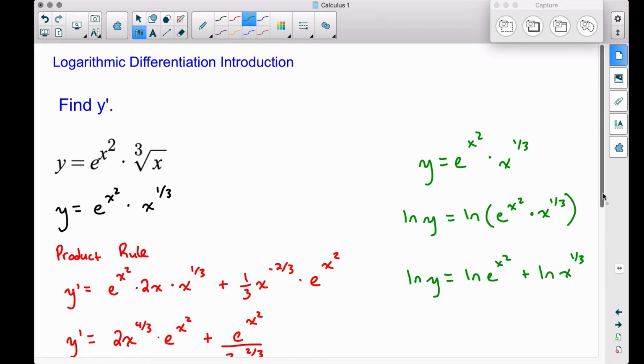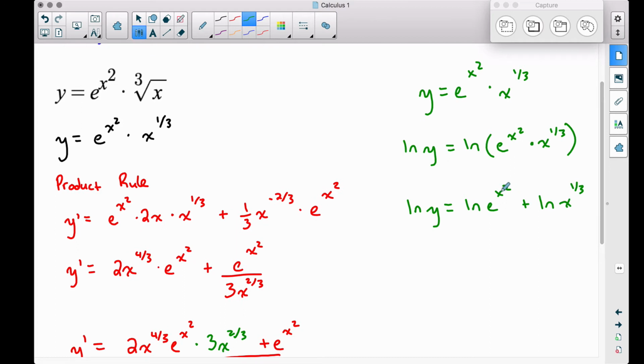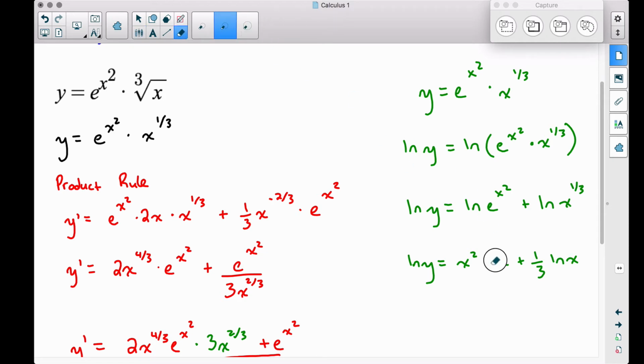Now applying our power rule, which is a property of logarithms, we can pull these powers down in front of these two logs. Therefore we have natural log of y is equal to x squared natural log of e plus 1/3 natural log of x. Since the natural log of e is equal to 1, we don't really need that.